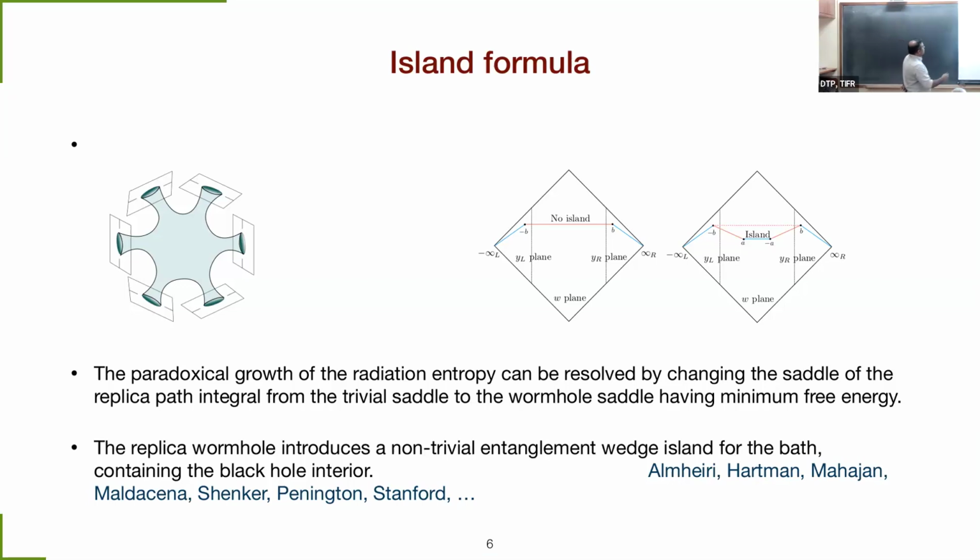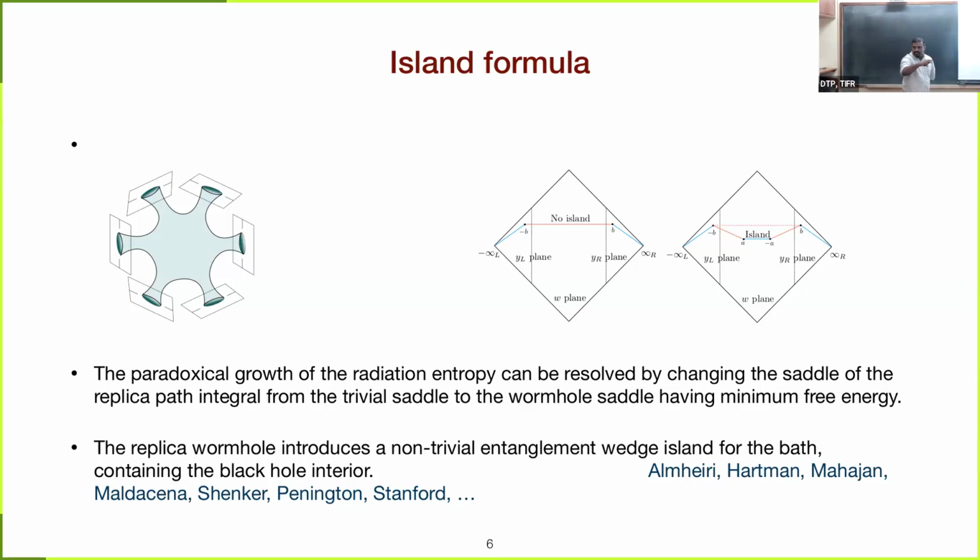Yeah, maybe you can explain. So the replica trick requires considering n copies of this geometry and then connecting all the cuts appropriately and then letting gravity do whatever it is allowed to do with the prescribed boundary condition. So one such possibility is to not connect the gravitational region, keep them disconnected.